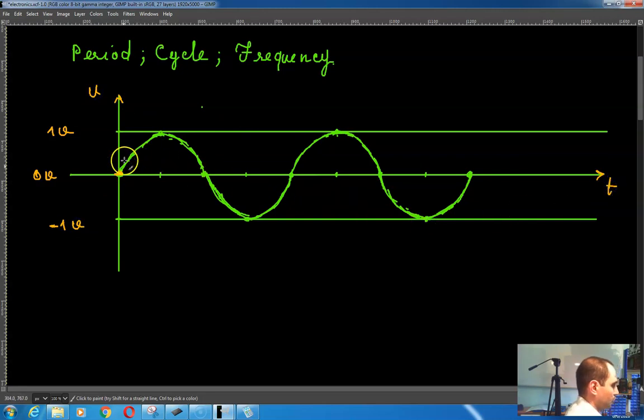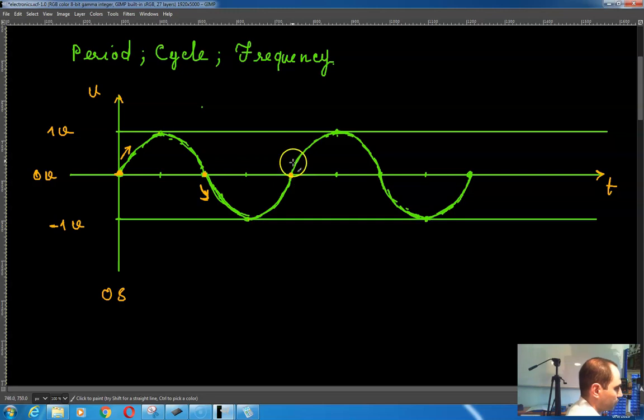So at this point in time, let's call it 0 seconds, you're at 0 volts, and then your sine wave is increasing, goes to 1, goes to 0, and then back at 0 you can see that your AC wave is decreasing. And then it goes to -1 and then comes back to 0.